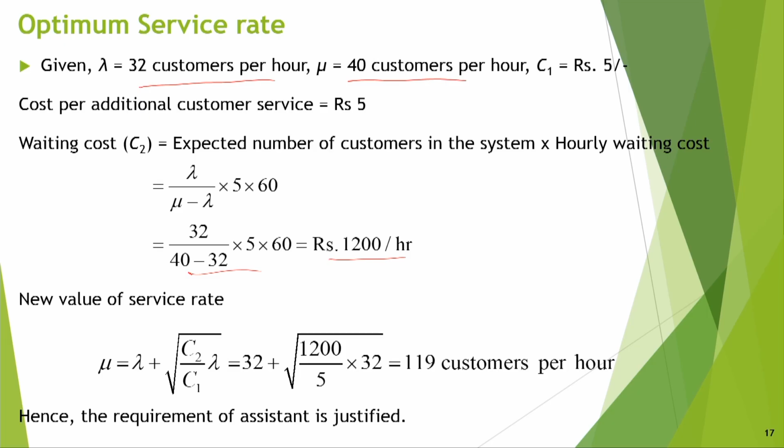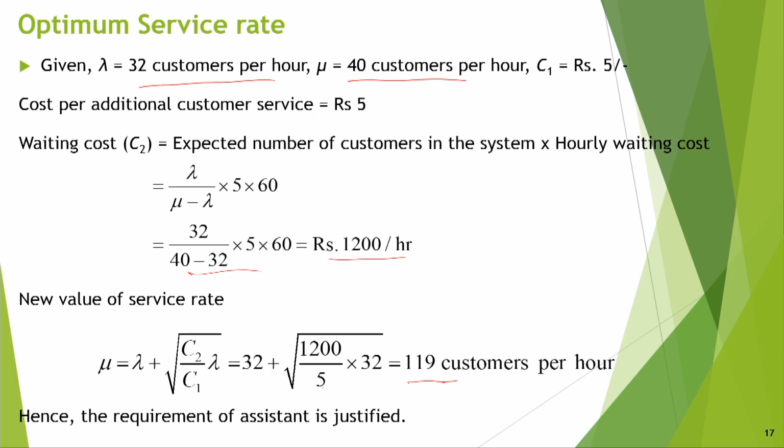Then the new value of service rate is mu is equal to lambda plus under root C2 by C1 into lambda, which is 32 plus under root 1200 by 5 into 32, that means 119 customers per hour.